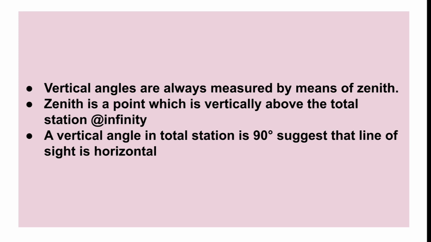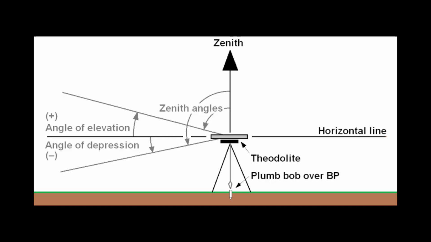As you can see in this picture, it shows us the zenith. From the zenith only, the vertical angles are measured. For example, if the angle is 60 degrees, then it is measured from the zenith only.